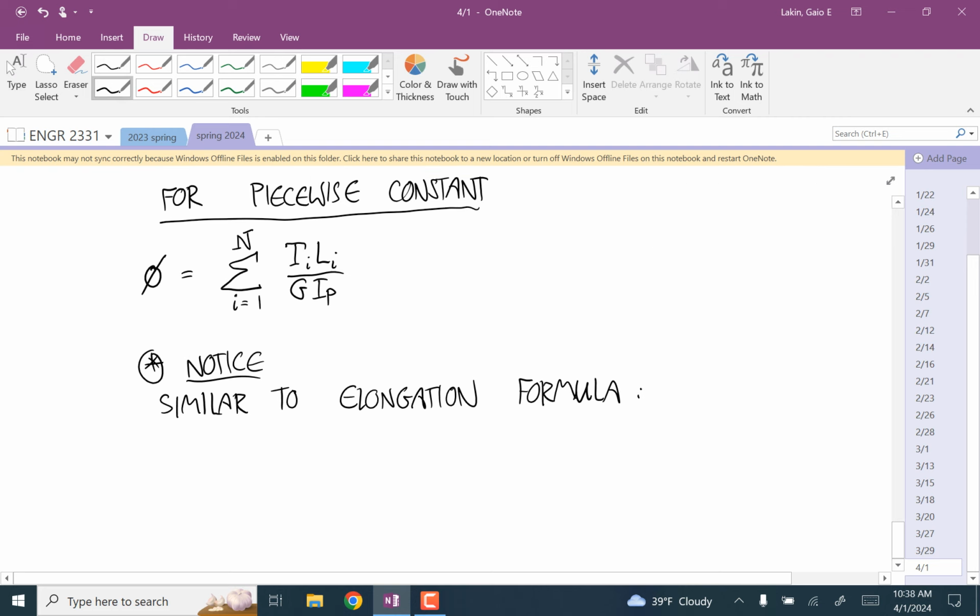So you can always think of these as the load times the length of the piece divided by the stiffness times the geometric resistance to deformation.